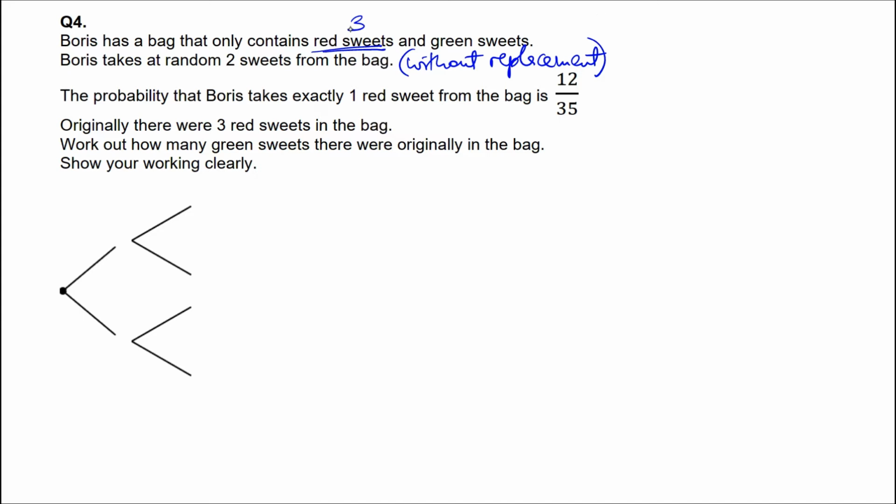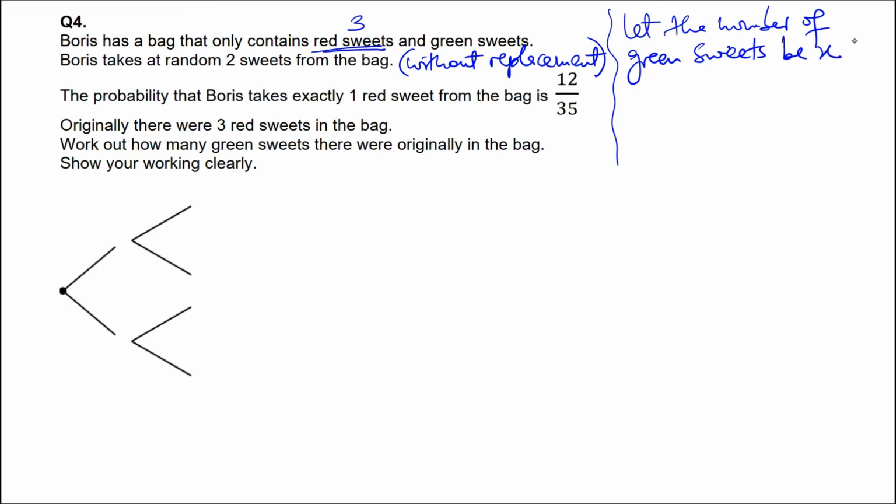Okay, so the first step is, we don't know how many green sweets were in the bag, so we'll introduce algebra and let the number of green sweets be x, because we don't know how many there were.